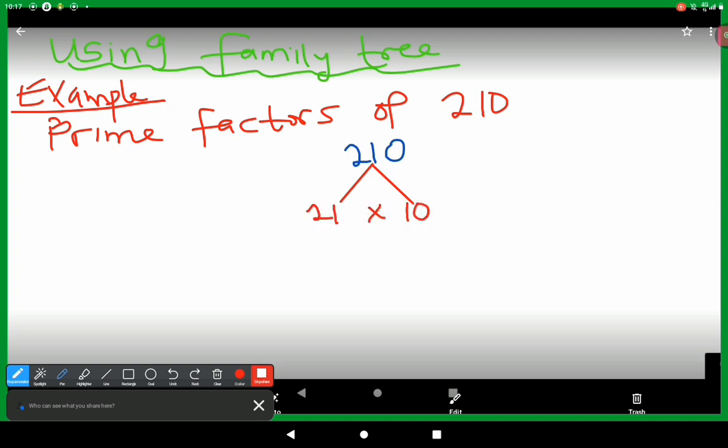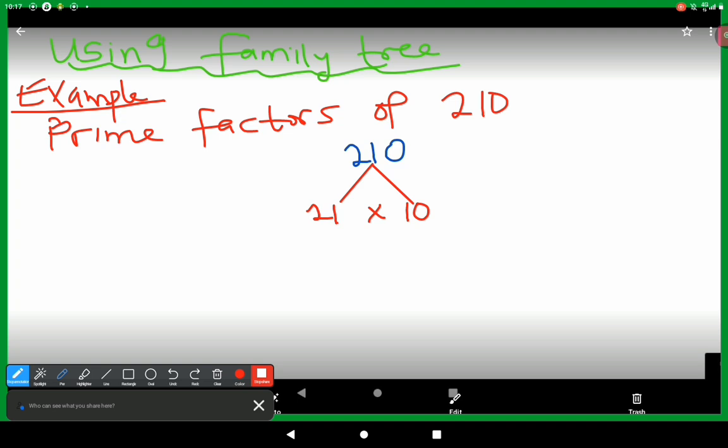Fine. Now, after that, you ask yourself, is 21 a prime number? No, 21 is not a prime number. Why? Because 21 has more than two factors. 21 has 1 as a factor, it has 3 as a factor, it has 7 as a factor. It also has 21 itself as a factor.